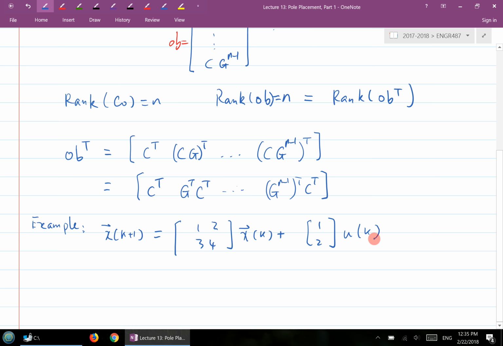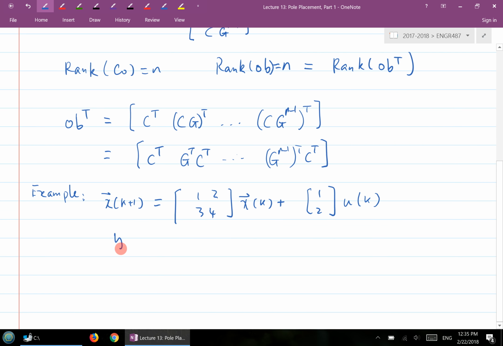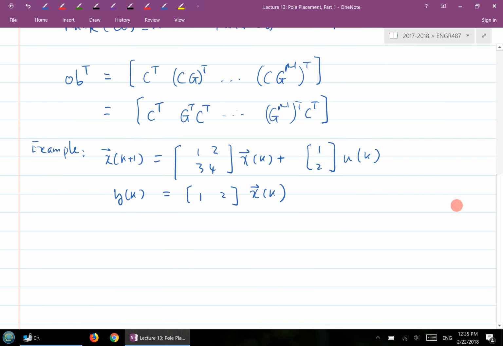Here is a simple second order system, and the output here is this. We want to check the observability and controllability for this system right here.